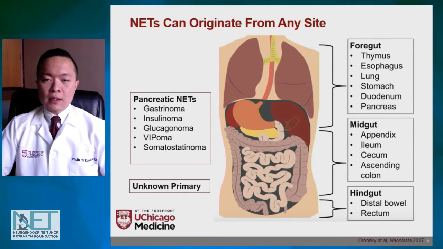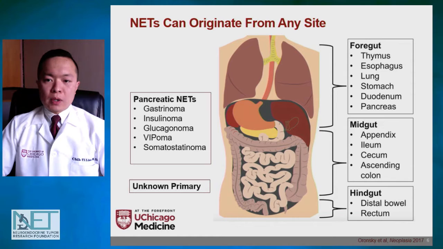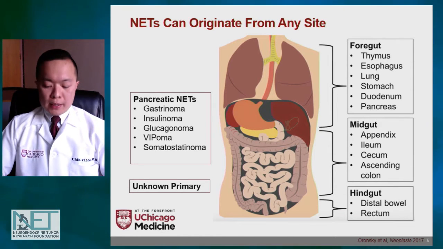And then we have the hindgut neuroendocrine tumors, which arise from the distal bowel or the rectum. Within the group of pancreatic neuroendocrine tumors, we have gastrinomas, insulinomas, glucagonomas, VIPomas, and somatostatinomas. And finally, it's important to note that for many of our patients, we never find the primary site of the tumor, and those are called neuroendocrine tumors of unknown primary.